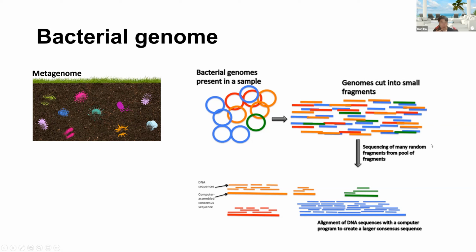Then after sequencing, we can bin the reads that belong to the same species together and try to build up a genome out of it. But so far with short read sequencing, it wasn't that perfect. We could get some portions of the genome, but we couldn't get the full sequence.